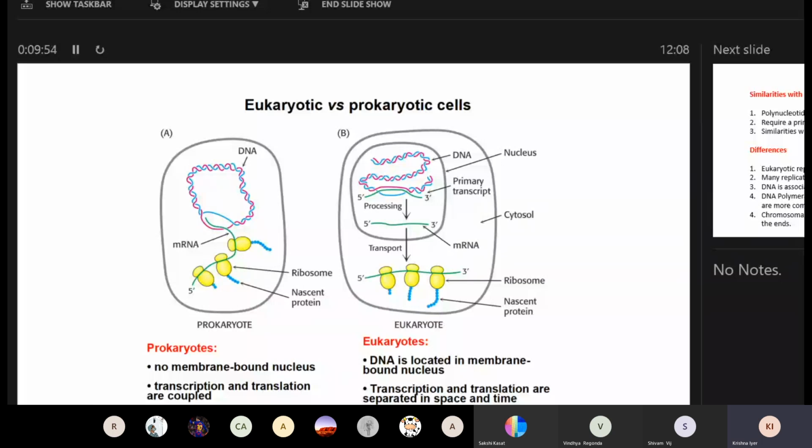So this replication of DNA has to occur inside the nucleus in the case of eukaryotes, while it occurs in the cytosol in the case of prokaryotes.